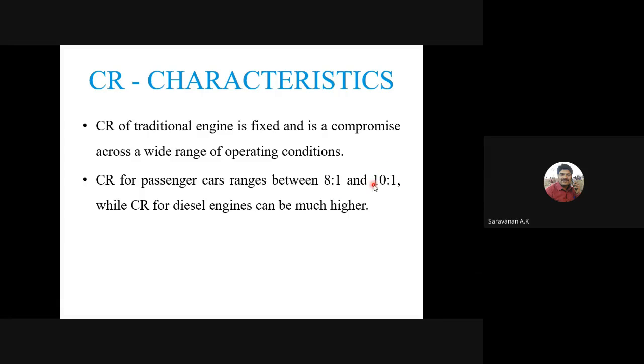And for the high compression ratio we use 10:1 up to a maximum of 14:1. So for passenger cars, we can use 8:1 to 10:1 or a maximum of 14:1, right? So a wide range of operating conditions is possible in the VCR engine. That is the main characteristic of this VCR engine, right?